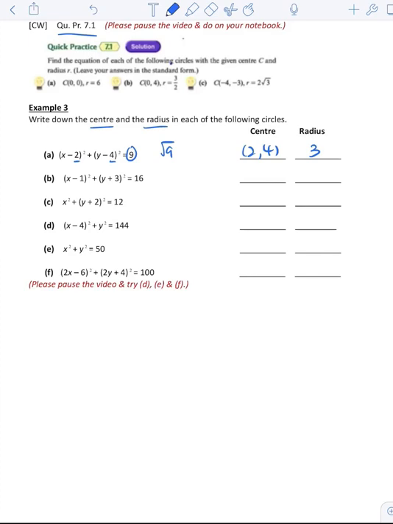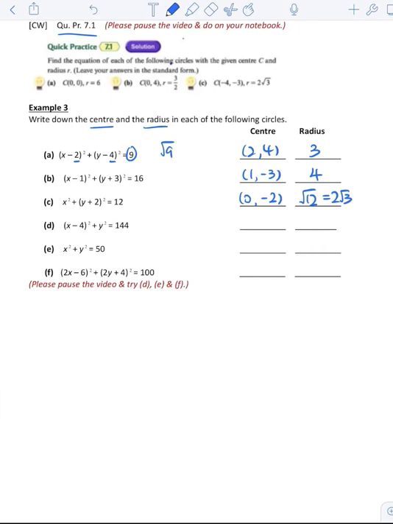For part B, similarly, you can find the center is (1, negative 3), and the radius is 4. And for part C, (h, k) is (0, negative 2), and the radius is root 12, which is 2 root 3.